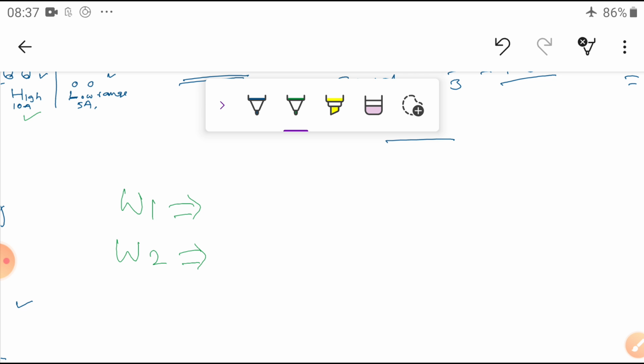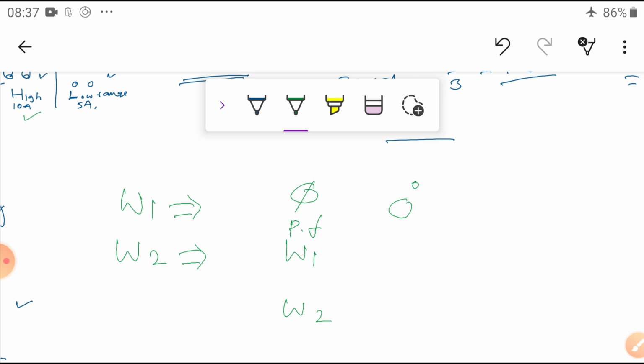At phi equal to 0 degrees, W1 will show the power factor. So here the power factor is equal, W1 will show and W2 will show. At this angle, you can take the power factor also.